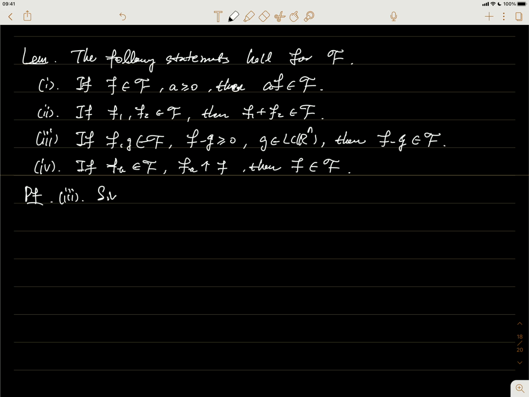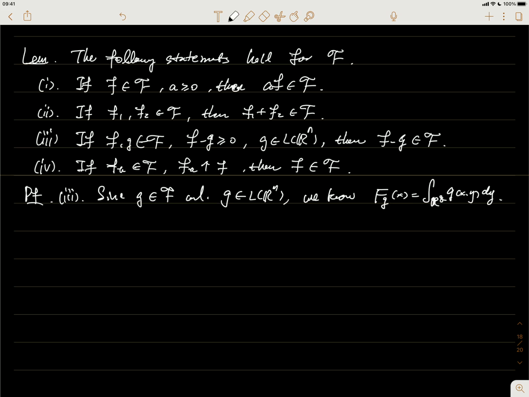Okay, so to show that, since g is in F, and also g is measurable over Rn, we know that fg, remember what this is defined as. This is defined for every x as the integral over Rq of g of x, y over y. The integral is only over y.